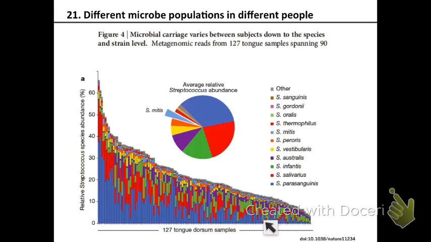In this person, the tongue sample contained not so much of this particular microbe, but it contained more of the other microbes, right? And this doesn't add up to 100% because in the samples, it's not just the strep bacteria, there are other bacteria present as well. But what should strike you, which pretty much strikes everyone, is that given an individual healthy person, there is a lot of variation between the amount and the types of bacteria that person can have on their tongue, right? So the variation between persons is pretty great.